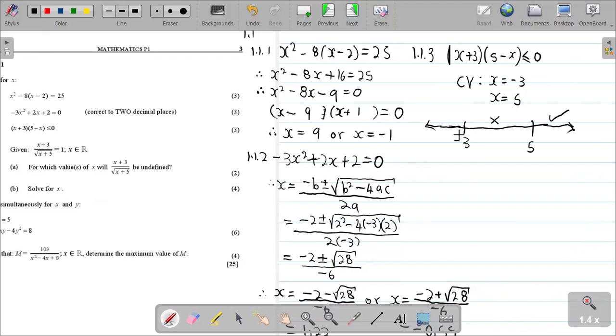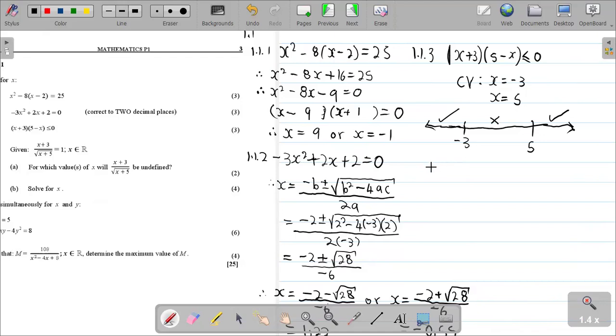And then we can take any number here. Let's take -4. Okay. If we substitute -4 here, what do we get? We get -4 plus 3. This will give us -1. And then this side will give us a 9. So it will give us a -9 again overall, which is less than 0. Meaning this is also correct.